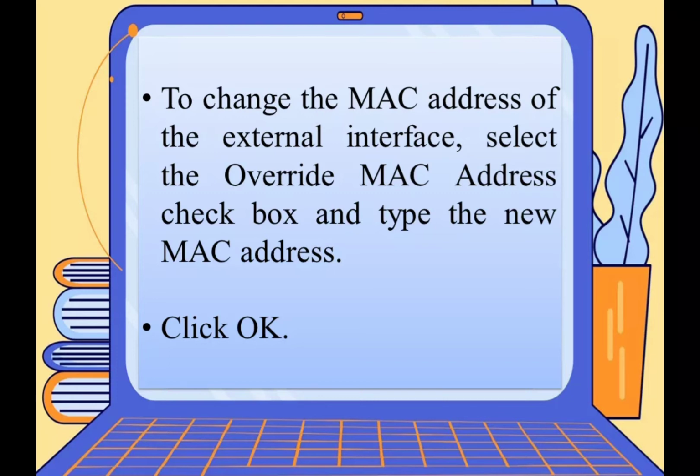The MAC address, or Media Access Control address, is a hardware identification number, a unique identifier assigned to a network interface controller for use as a network address in communications within a network segment. The MAC address can be found at the bottom of the router. Then after that, click OK.